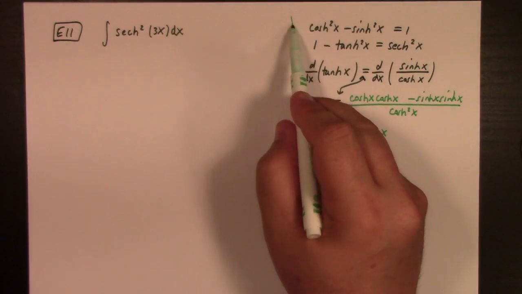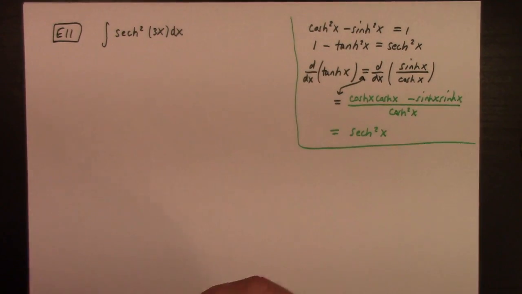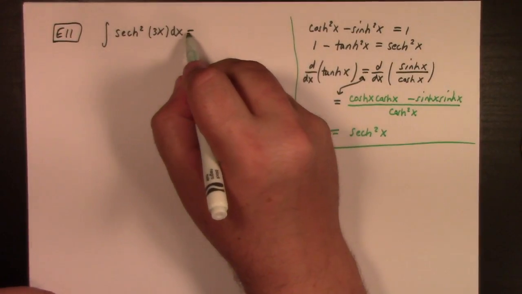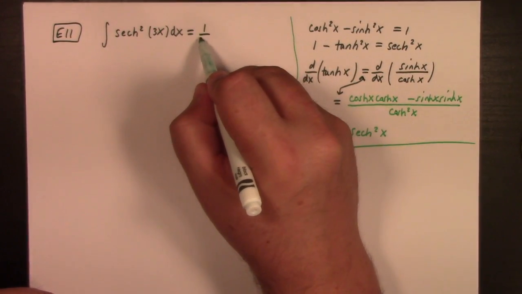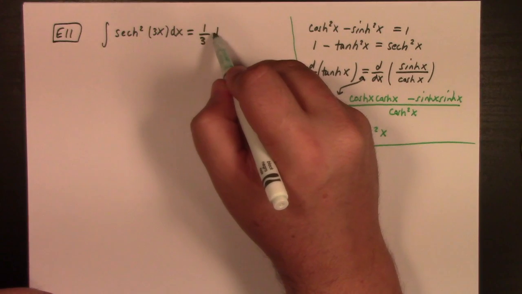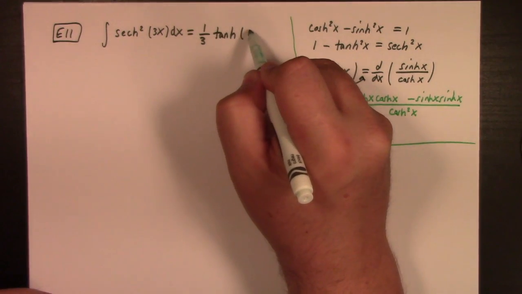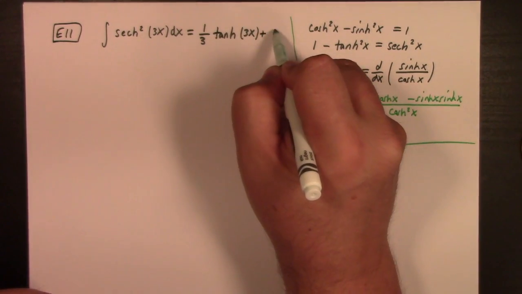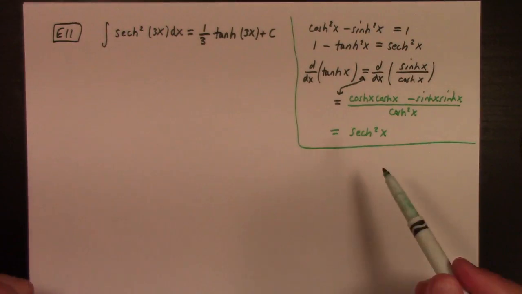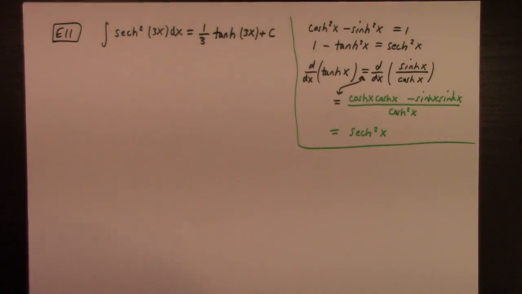All right, so there, just refreshing my memory. So, long story short, this is nothing more than 1/3 hyperbolic tangent of 3x plus a constant, because we can just make a simple u substitution, and the integral of hyperbolic secant squared is hyperbolic tangent, and that's it.